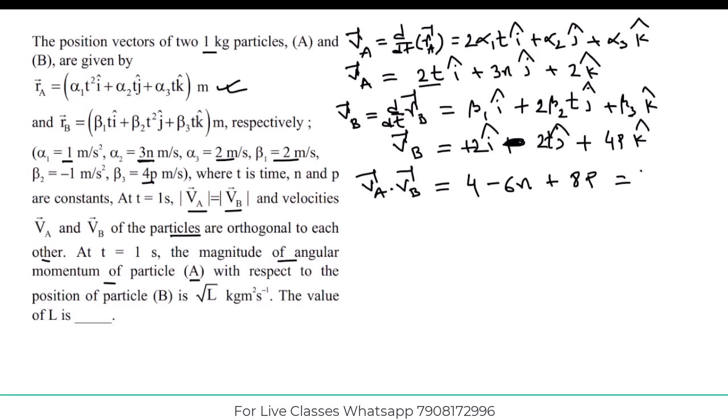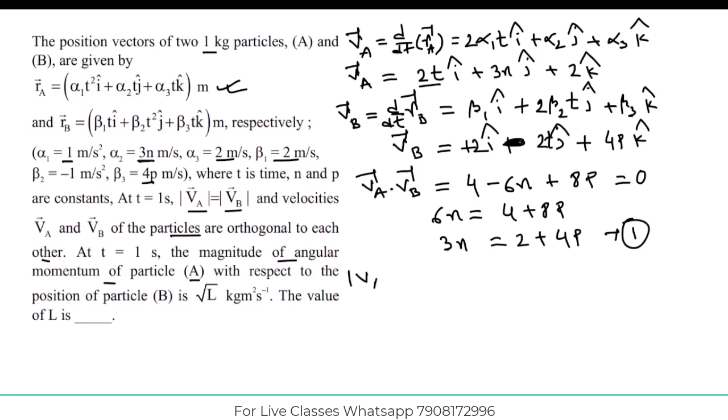So this is equal to 0. So 6n is equal to 4 plus 8p, or 3n is equal to 2 plus 4p. Let's say this is equation number 1.